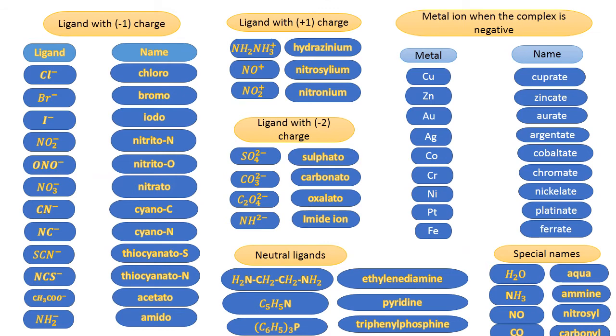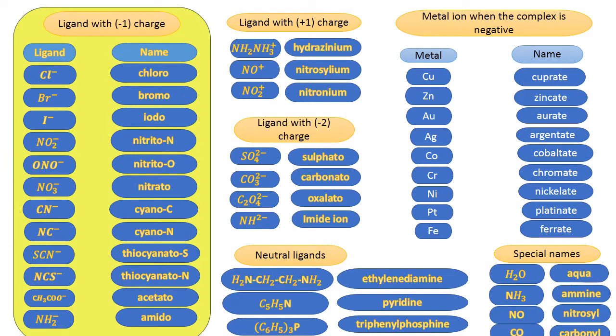Again, ligands with different charges are given here, and also the name of the metal ion when the complex is negative, which is given only when the complex is negative. Ligand with -1 charge: chloro, bromo, iodo, nitrito N, nitrito O, nitrato, cyano C, cyano N, thiocyanato S, thiocyanato N, acetato, amido.